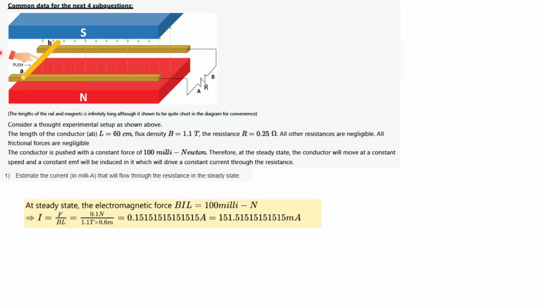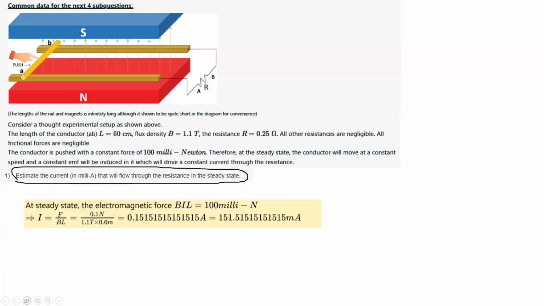At steady state, because there is no friction, no resistance, nothing in this system, this force will be completely transformed into induced EMF. This is what is being said in this question. What is asked is: find the current which will flow through the resistance in the steady state.